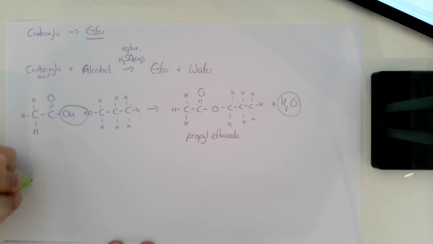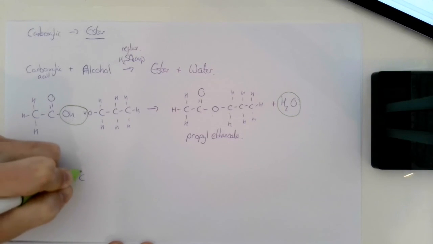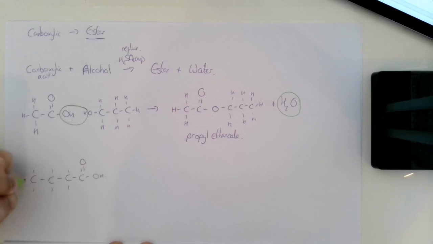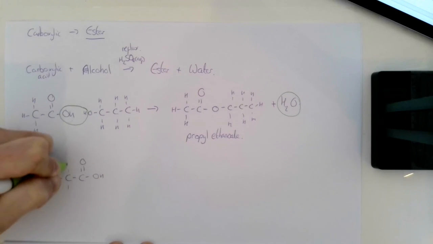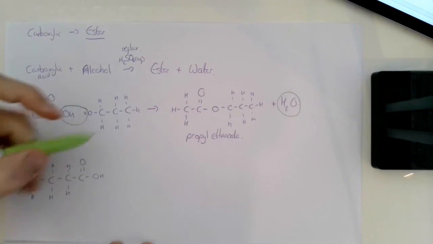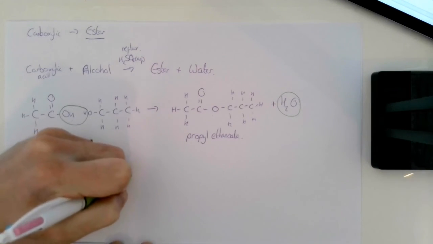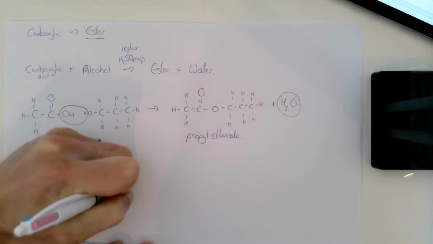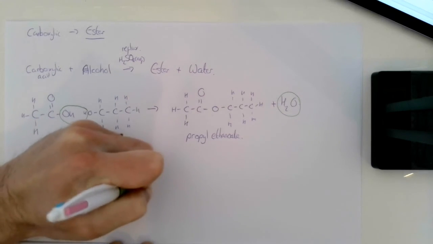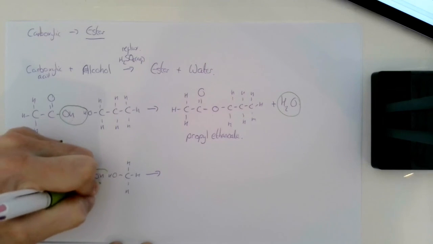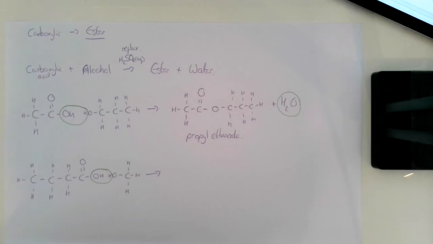Let's do another example. So let's do a butanoic acid. So I already know now the ester is going to be called something butanoate because I'm using butanoic acid. If I do it with methanol, so there's my alcohol, methanol is being used, same again, so water gets lost, there's the water being lost.